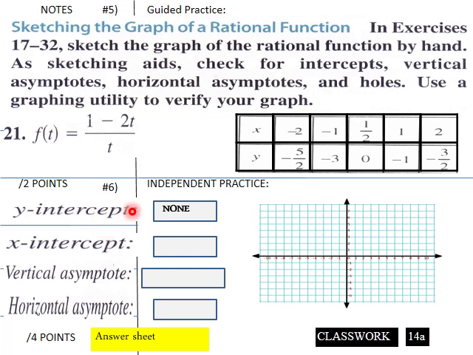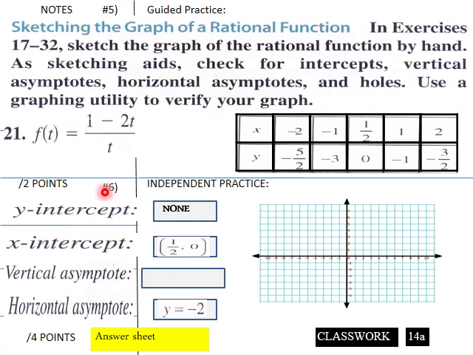Our y-intercept, we have none, because when t equals 0, it's not defined. So when t equals 1/2, our y will equal 0. So here would be our t-intercept there.